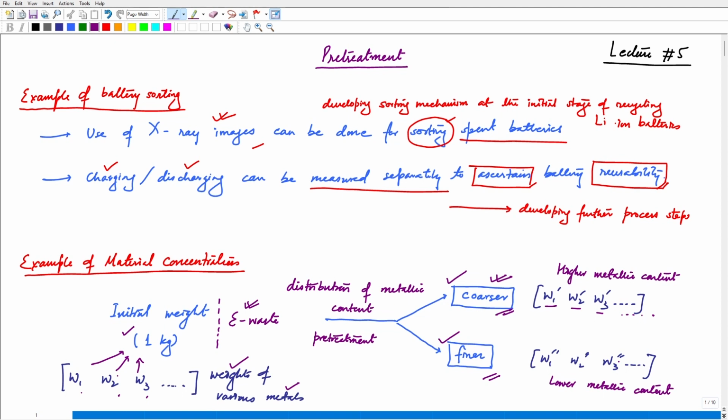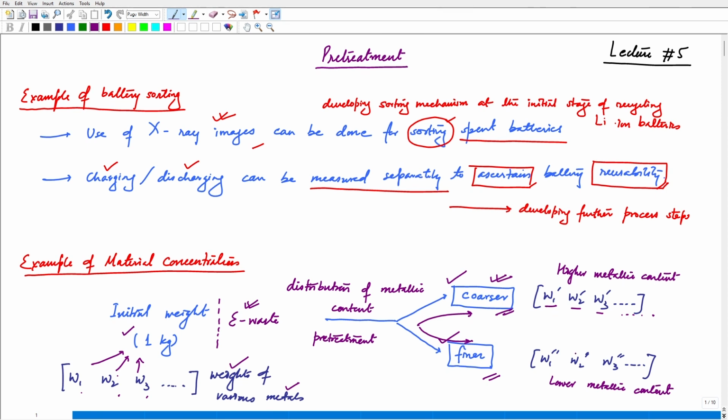These are the weights determined after the comminution, and this equally means that the metallic fraction is getting distributed in both coarser and finer fractions, which means it is not possible that, let's say, all of W1 or all of W2 or all of W3 gets accumulated in the coarser fraction only or the finer fraction only.